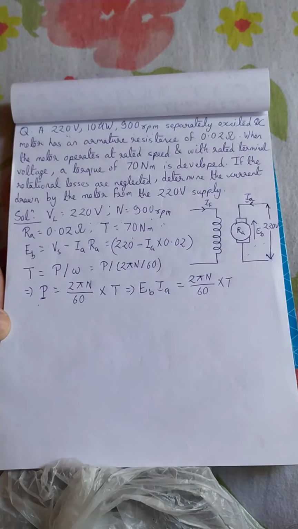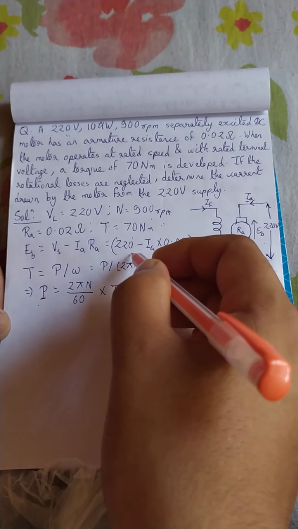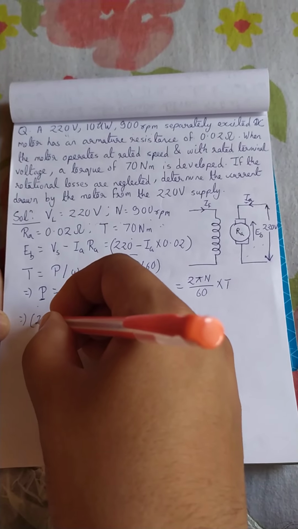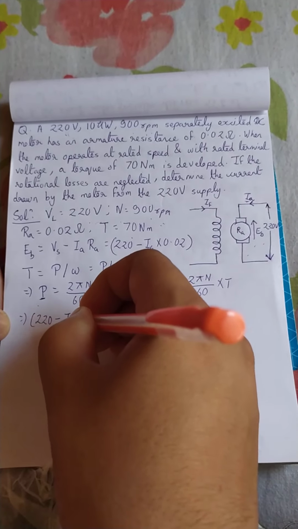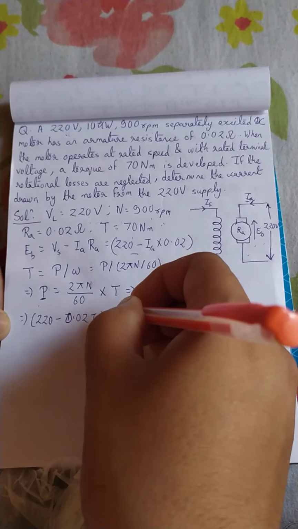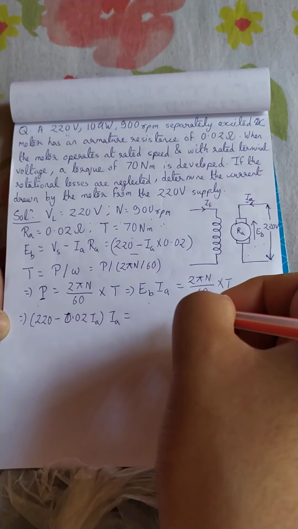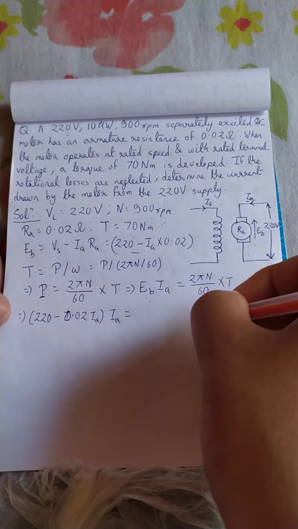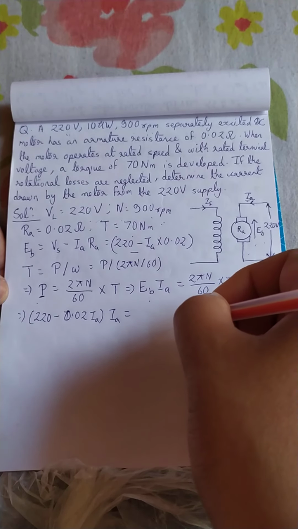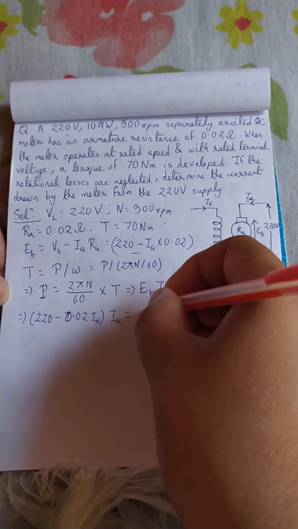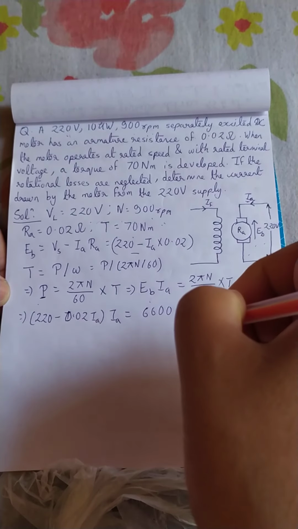Now EB, we know this is the expression, so putting it over there we are going to have (220 minus 0.02 IA) into IA, which will be equal to, if we put all the values, 6600.